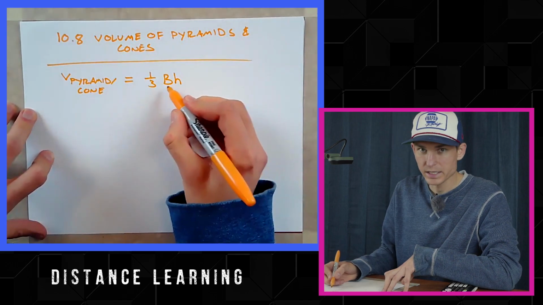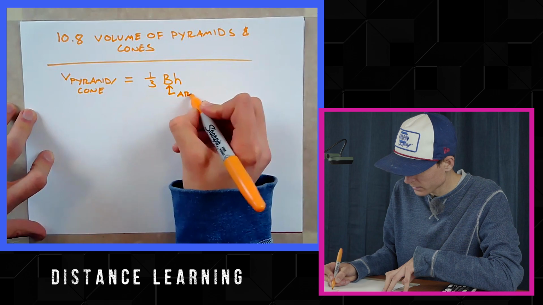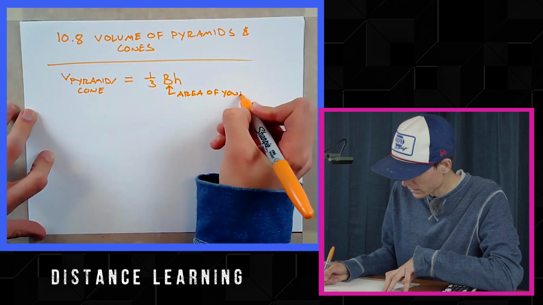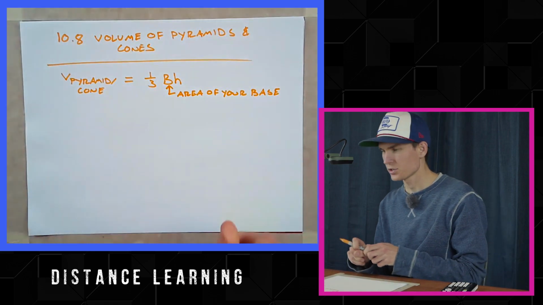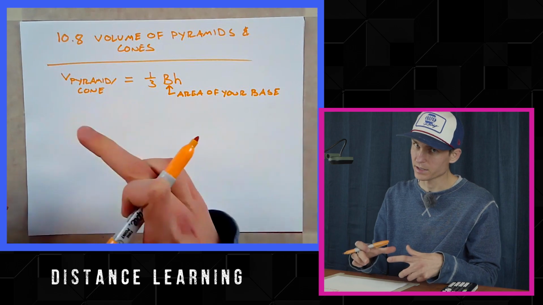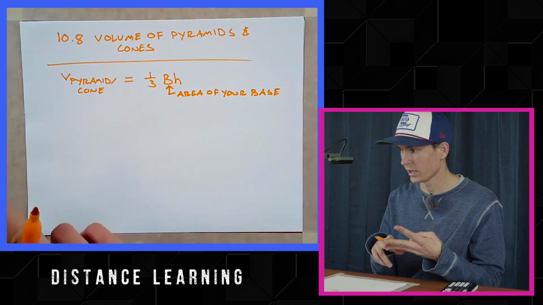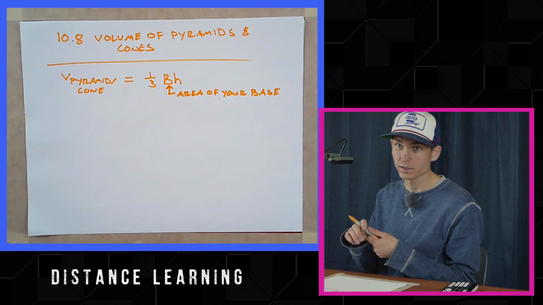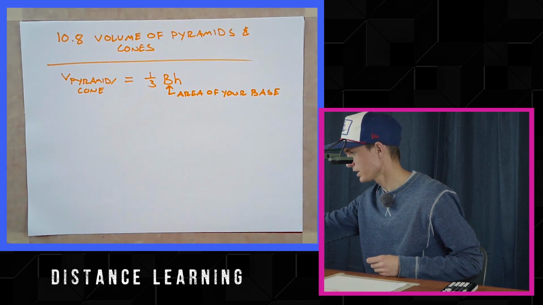It's 1/3 capital B times H. Remember, capital B is the area of your base. With a cone, your base is a circle. Your pyramid base could be a square, rectangle, triangle, pentagon, hexagon, heptagon, octagon, nonagon, decagon, dodecagon. I don't know what the 11-sided shape is. Dodecagon, I think it's 12.